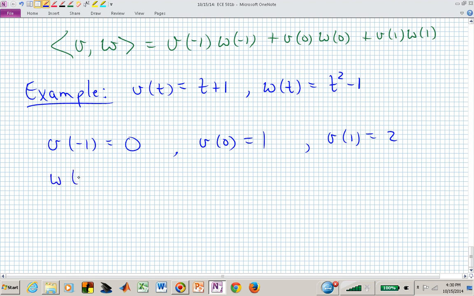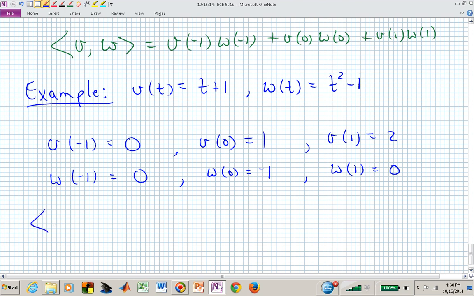Then, knowing how we've defined that inner product, let's now evaluate w at those same locations. W of -1, 0, w of 0 is minus 1, and w of 1, 0 again, isn't it?